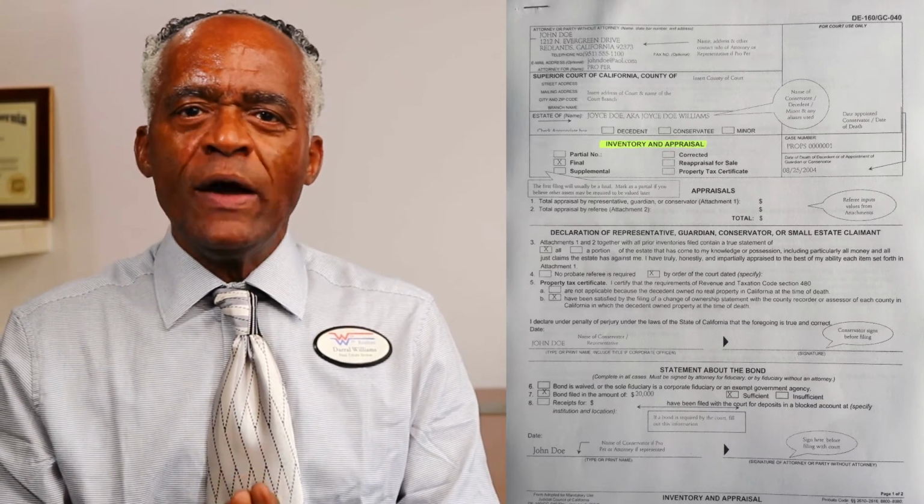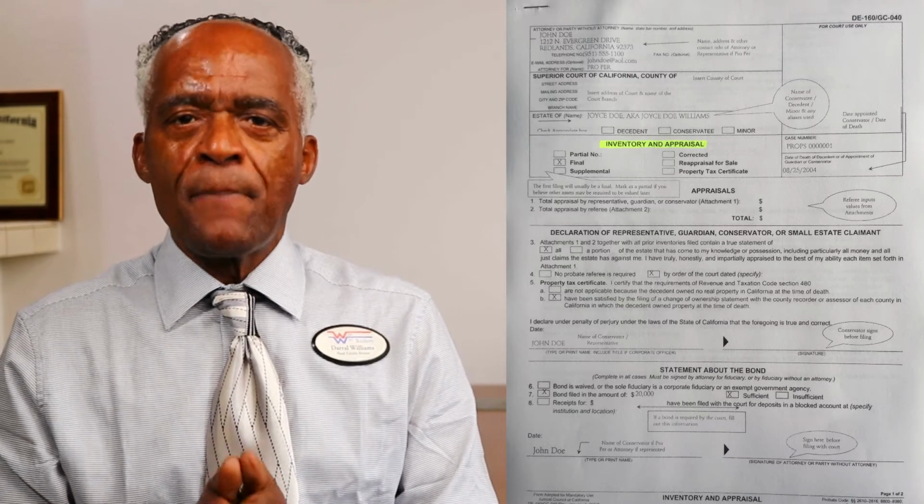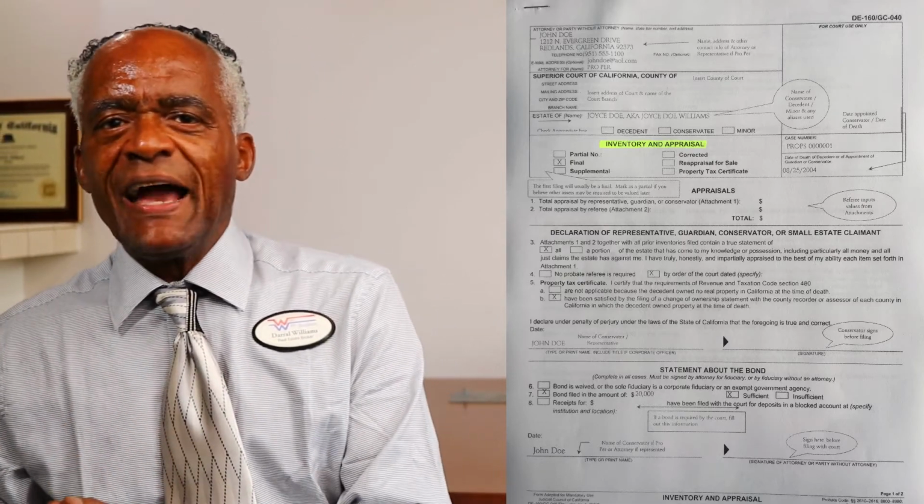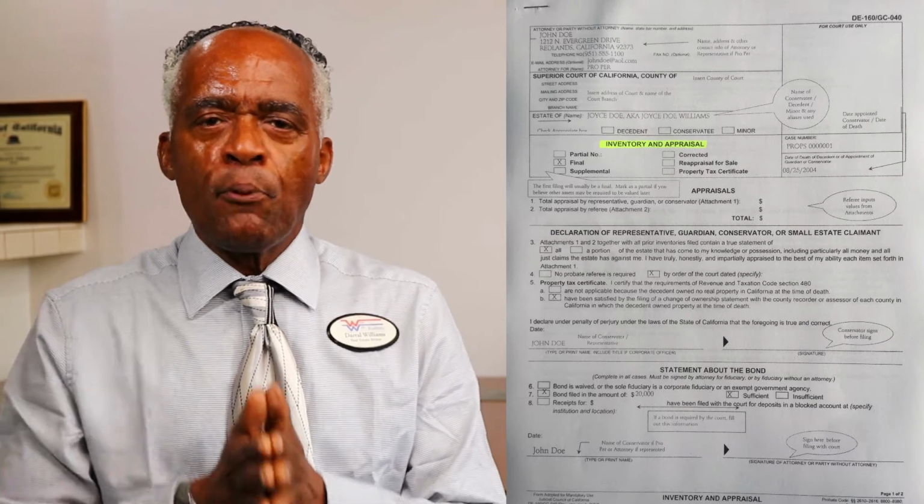The personal representative has the duty to identify and collect all of the assets of the estate so that a judicial form DE 160 inventory and appraisal form may be prepared. This inventory and appraisal form is sent to a probate referee who is assigned by the court to appraise the estate and give it a date of death value.